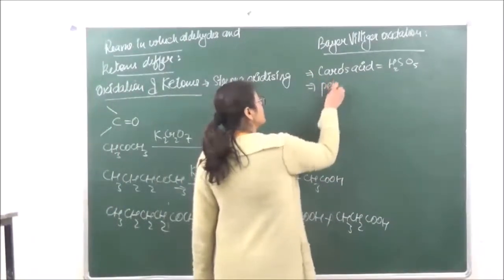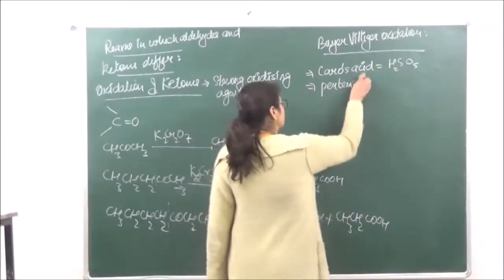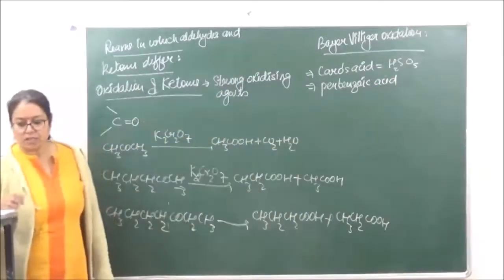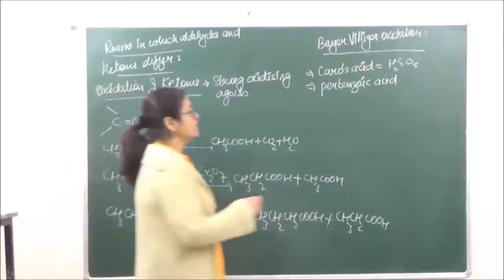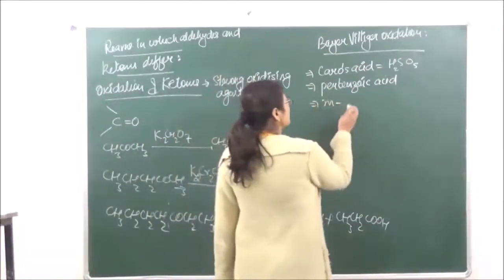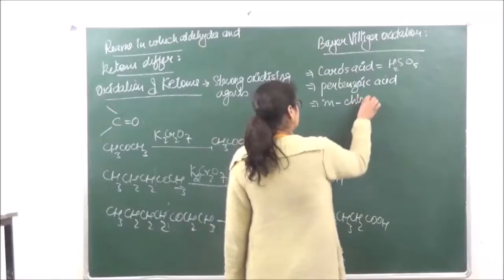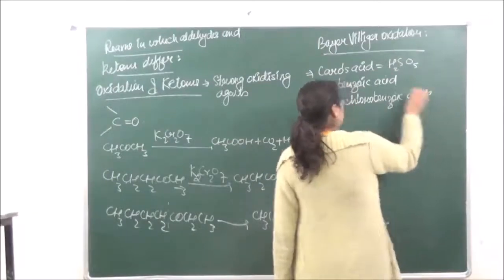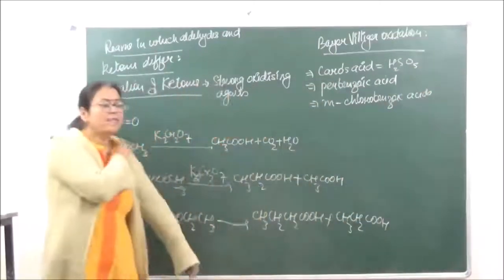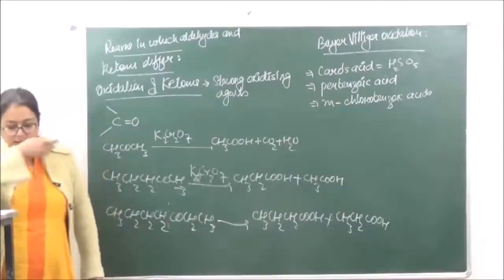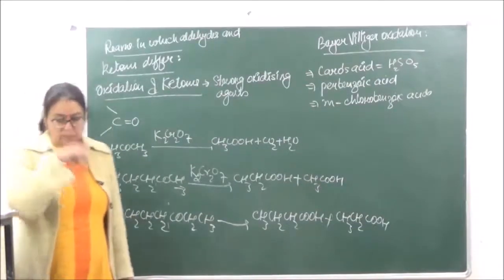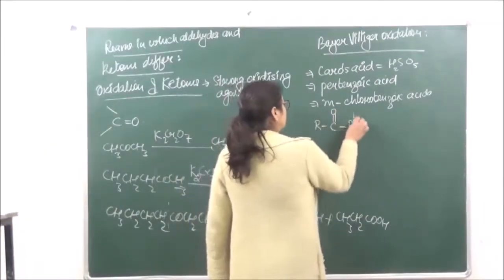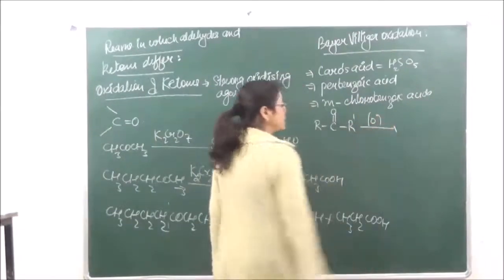Another oxidizing agent we can use is metachlorobenzoic acid. In this case, esters will be formed. So these are the oxidizing agents, and we are going to get the respective ester over here. So we have a ketone of the type in presence of any of the above oxidizing agents.